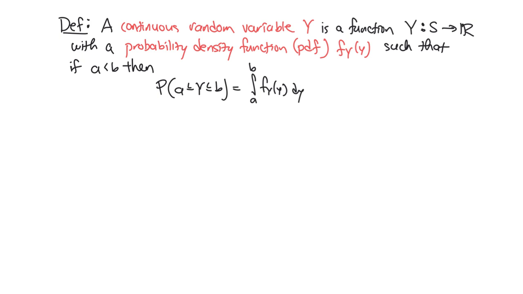The reason for this was discussed previously, and it is that because you have infinitely many outputs, and typically there's sort of similar likelihood, the probability of specific points is 0.